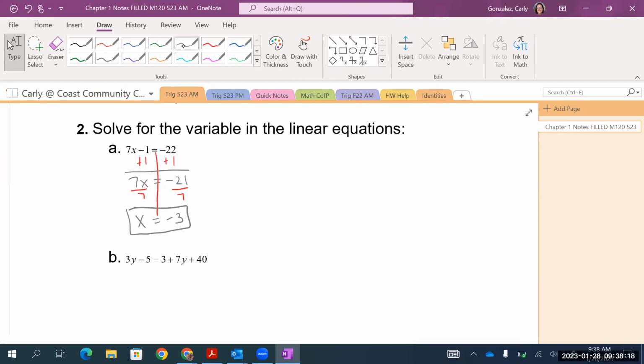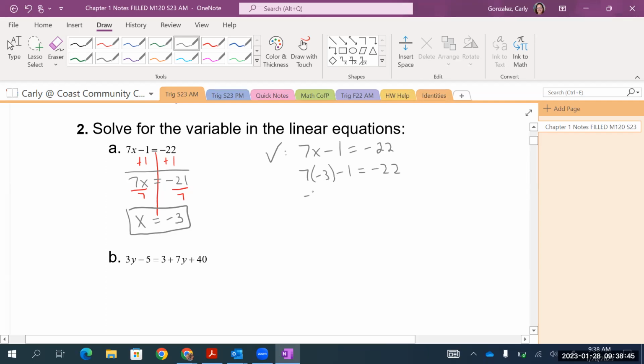Now, this is optional, but you could go ahead and check to make sure that's true. We could plug the x into the original equation. So we have 7x minus 1 equals negative 22. We could plug in x is negative 3 and see if it does in fact equal negative 22. So 7 times negative 3 is negative 21 minus 1.